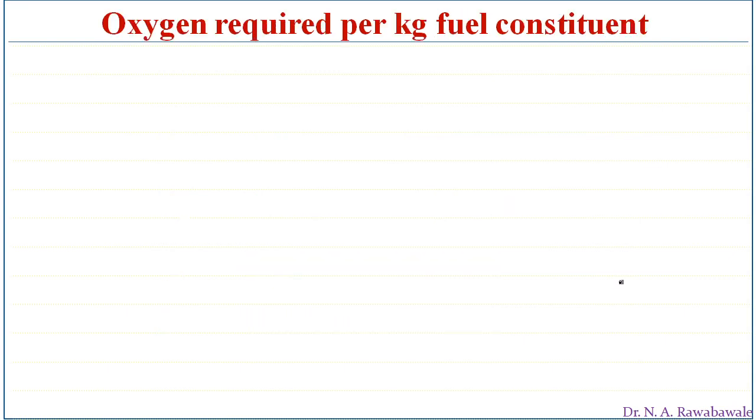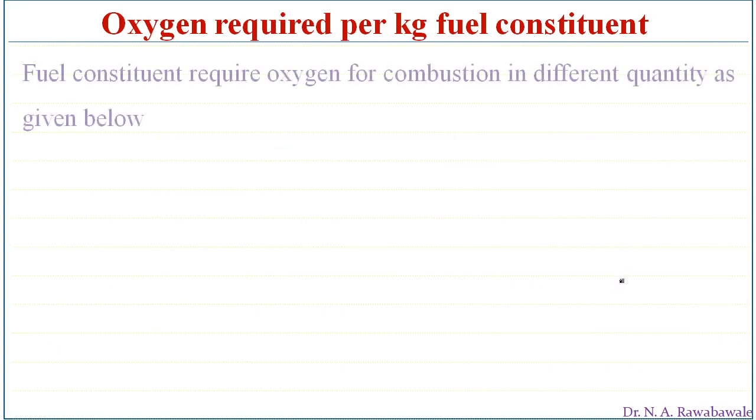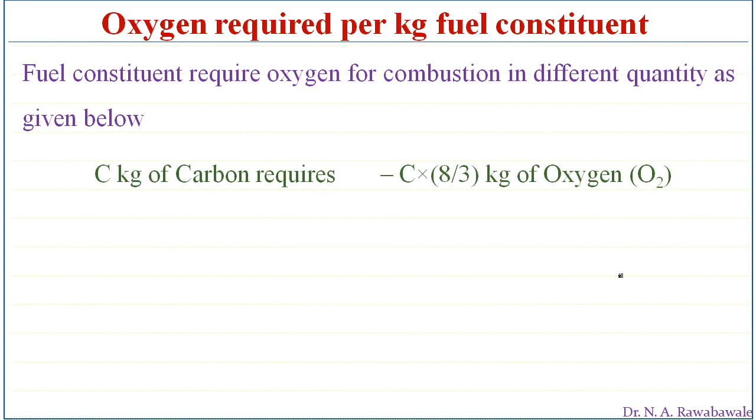Now, the oxygen required per kg of fuel constituent is what we want to find out. The fuel constituents require oxygen for combustion in different quantities, as given below. In the previous class, we saw the combustion equations, and in them the quantity of oxygen required was discussed. If we want to burn C kg of carbon, it requires C into 8 by 3 kg of oxygen.